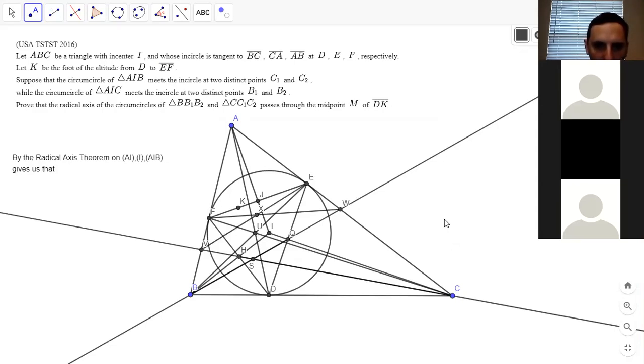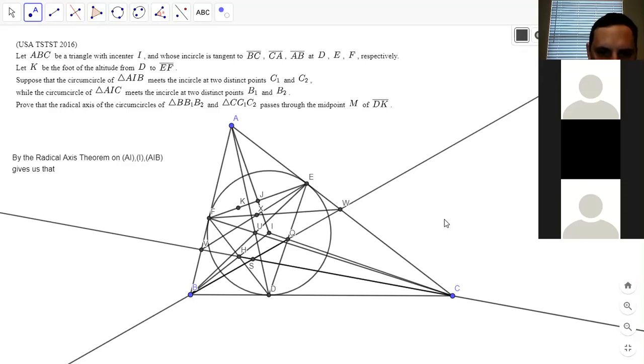I think I solved it by Chevian's nest. What is the Chevian's nest theorem? It basically says, so we know AD, BE, and CF are concurrent, and DJ, EH, and FQ are also concurrent. So it basically says then BH, CQ, and AJ are also concurrent.